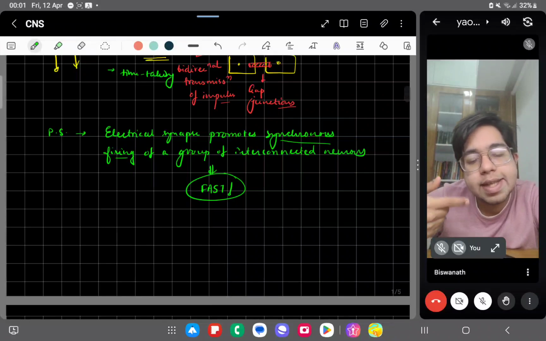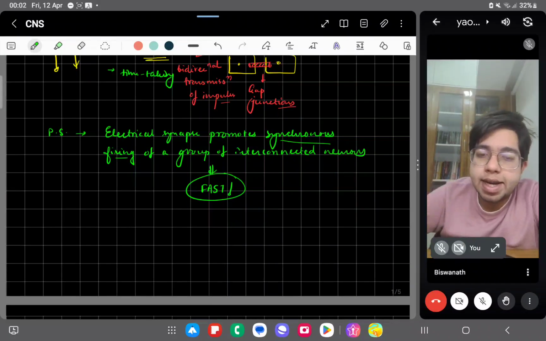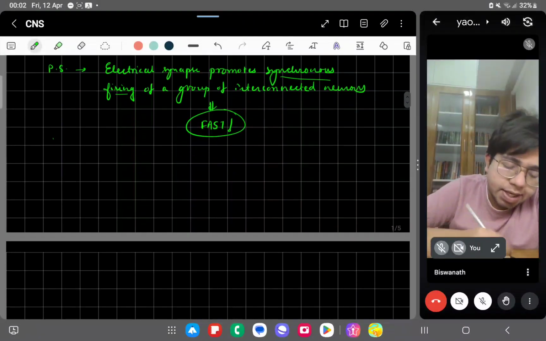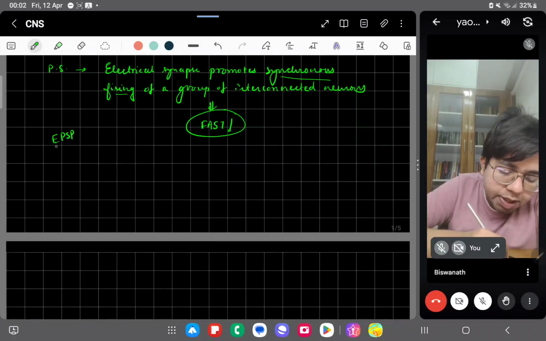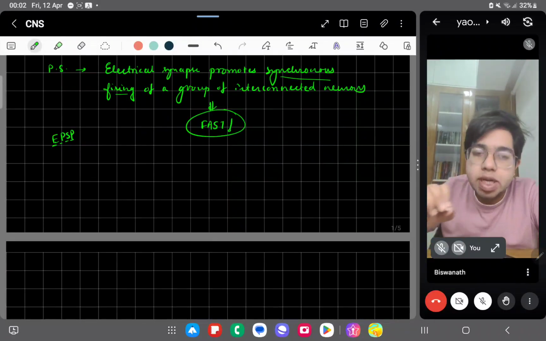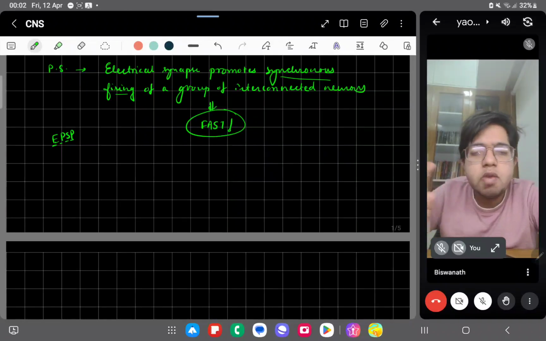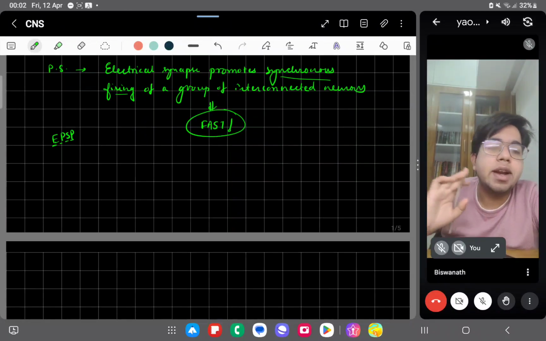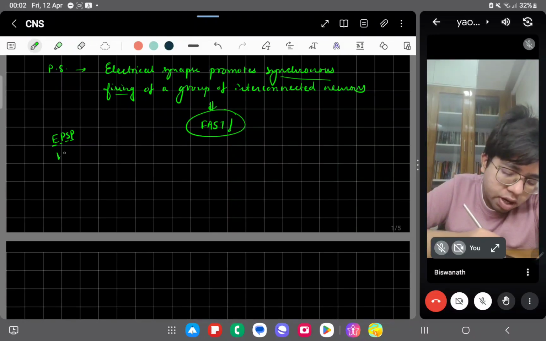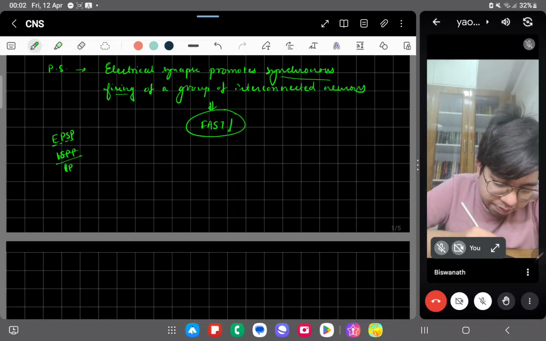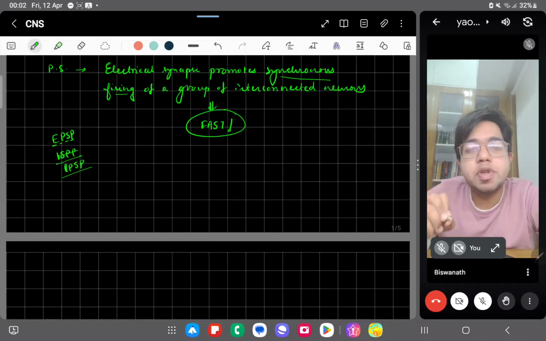Either it is an excitatory one. It excites. So if it excites, we call it EPSP, the excitatory postsynaptic potential. If a neurotransmitter is inhibitory, like glycine, it will show IPSP, the inhibitory postsynaptic potential.